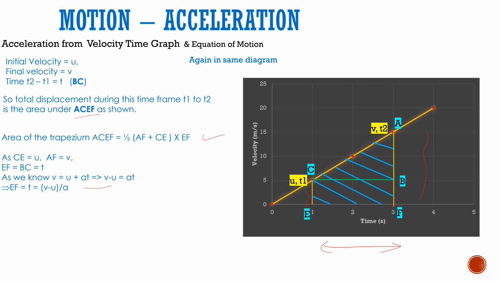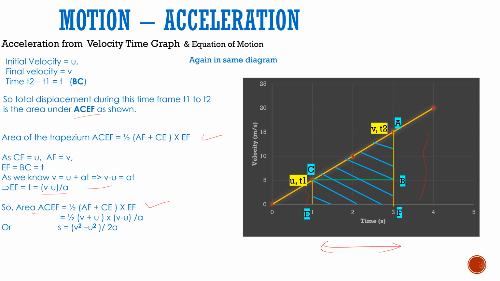So 1 by 2 into v plus u into EF, right? So in this particular trapezium formula, we get 1 by 2 into v plus u into v minus u by a. This one we are replacing, which is nothing but the total area, that is the displacement.